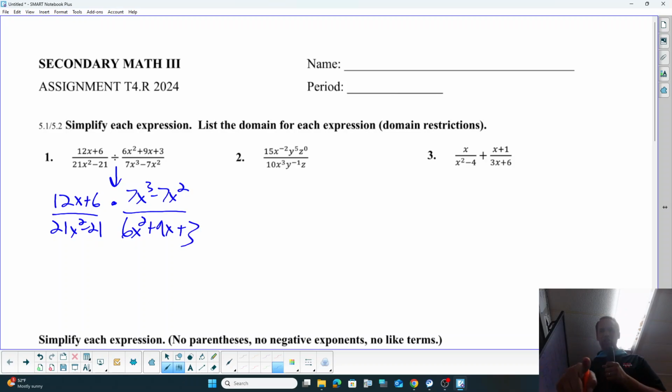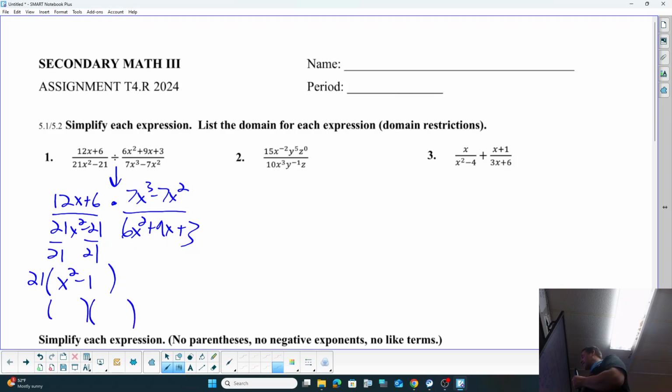And then you do some factoring. Got to factor like a tractor. So we're going to pull out a 21 in the bottom. Pause me. Try it on your own first. We're left with just x squared minus 1, which can factor more, so we get a minus and a plus.